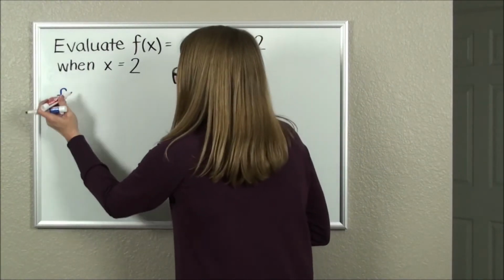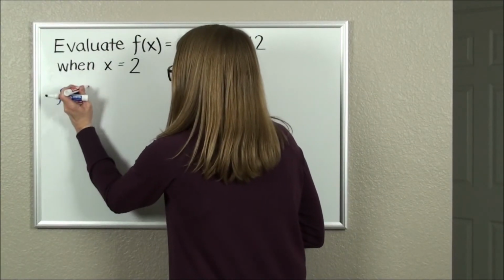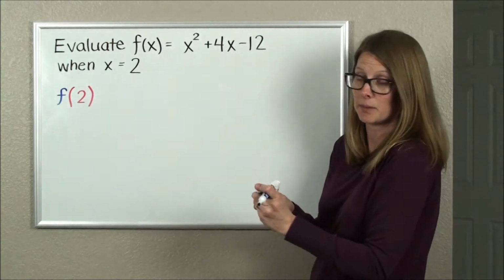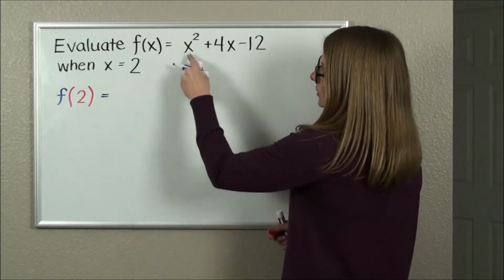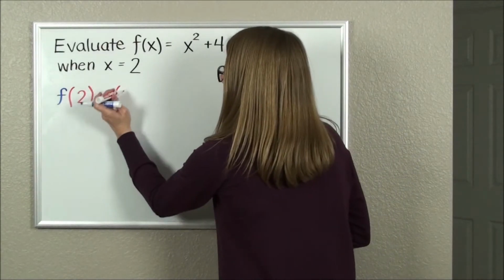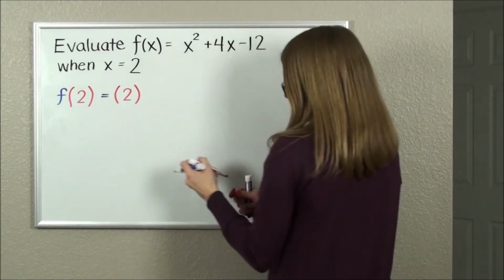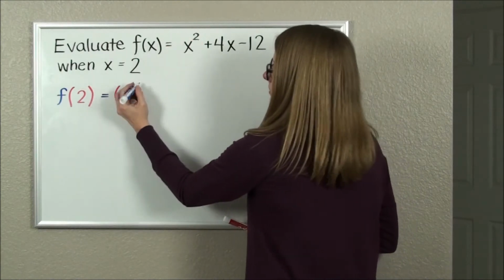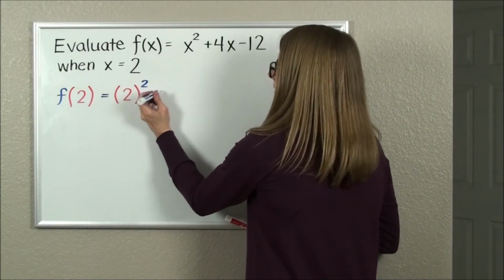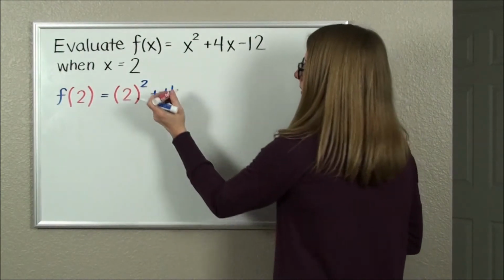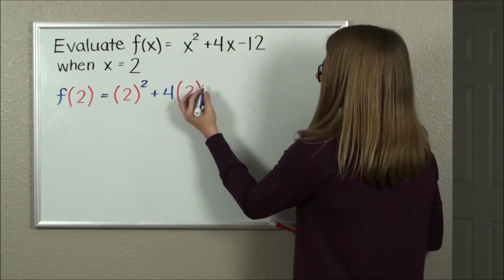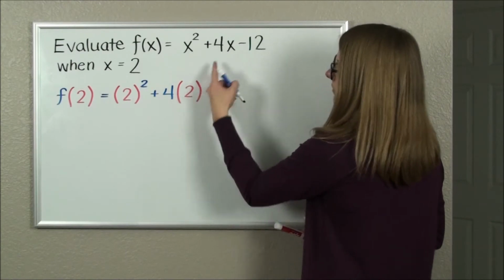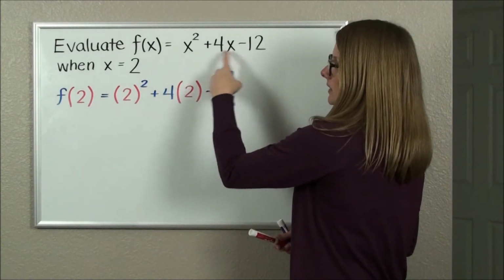And again, the key here is we have to remember our parentheses, because in the last example, it would have made a big difference. So out of good habit, every time we plug in a new x value, we'll put that value in parentheses. So in parentheses, I'll have 2 squared plus 4 times 2 minus 12. So again, it matches the function I had, but everywhere there was an x, there's now a 2 in parentheses.